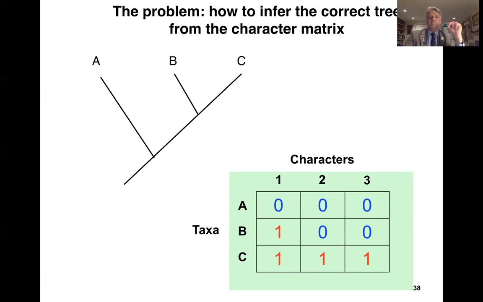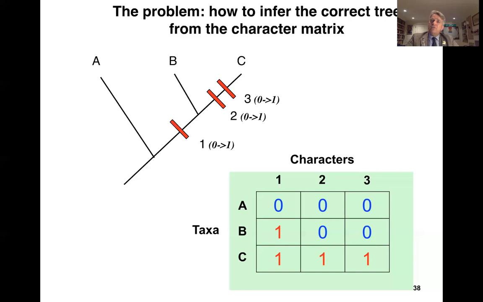All right. Now, the way we do this is we just march through. We say, okay, character 1 has character state 1 in taxa B and C, and character state 0 in A. So here we infer a change of character 1 from 0 to 1. And for character 2, we see that there's a change from 0 to 1 leading to taxa B and C, and the same for character 3.